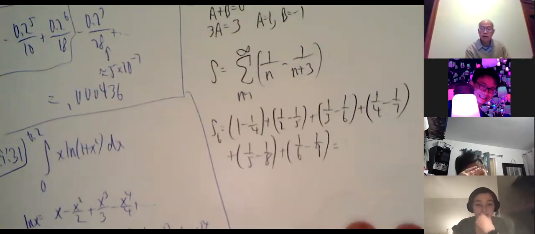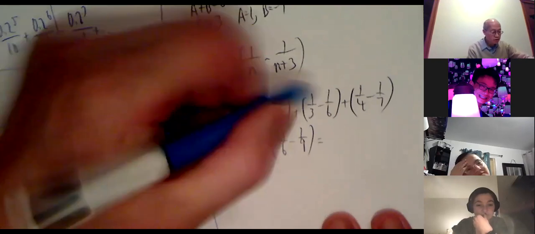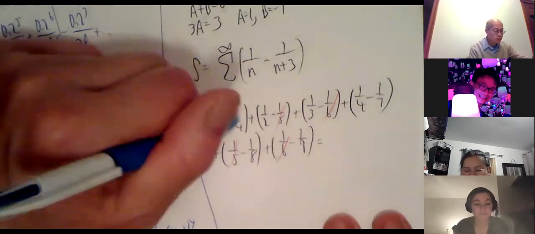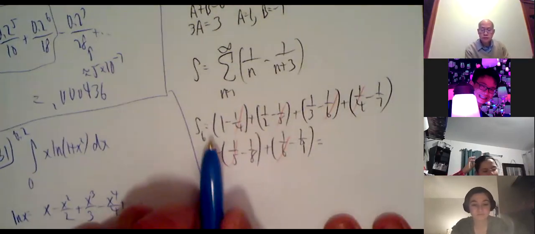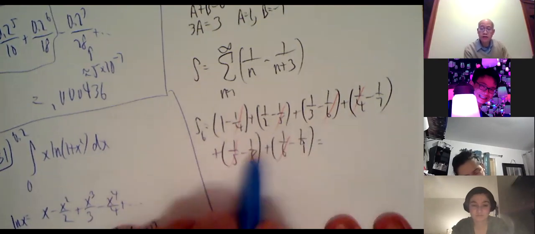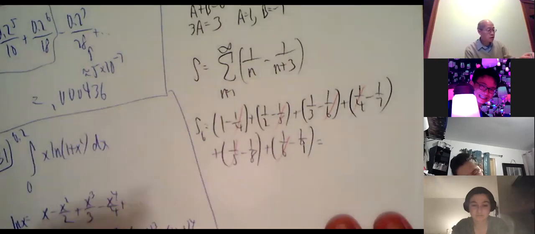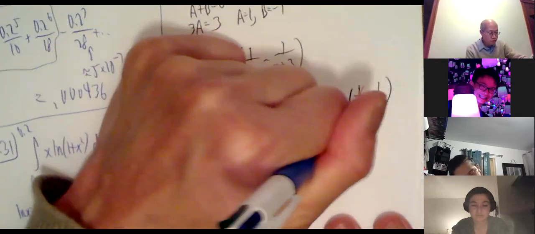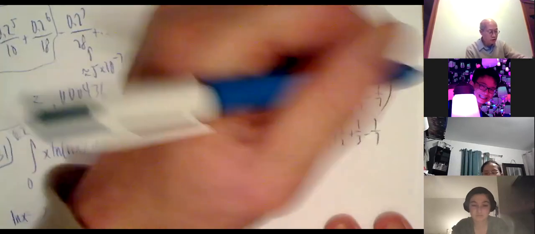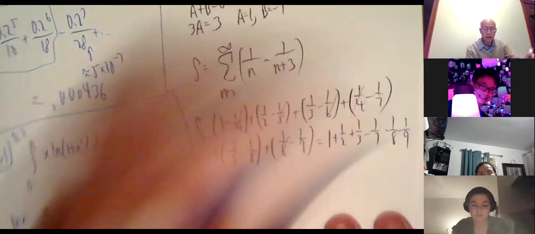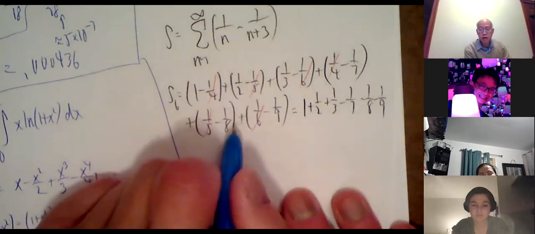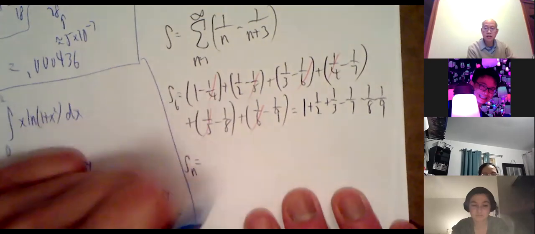Okay, now let's see what cancels out. 1/6 cancels out. 1/5 cancels out. 1/4 cancels out. 1, 1/2, and 1/3 do not cancel out. Neither do the -1/7, -1/8, or -1/9. Okay, so it's 1 plus 1/2 plus 1/3 minus 1/7 minus 1/8 minus 1/9. That's S6. That same pattern is going to hold all the way through. So now I can say Sn.